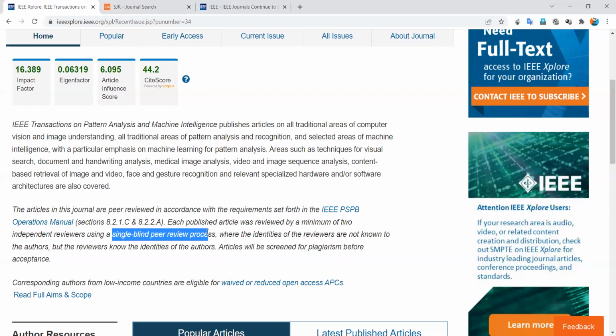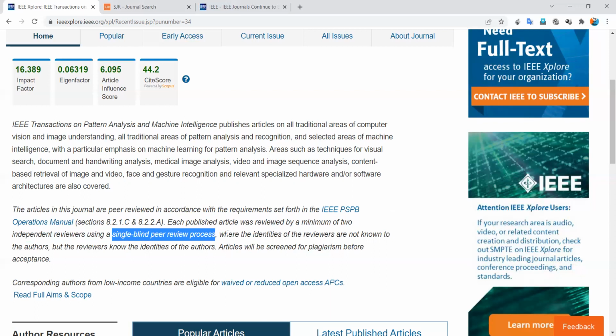So in this way, you don't know about the reviewers, but reviewers would know about you. So it is the single blind peer review process. It means one side is blind, you don't know about reviewers. But if you don't know about the reviewers and the reviewers also don't know about you, the authors, then it is called double blind peer review process.